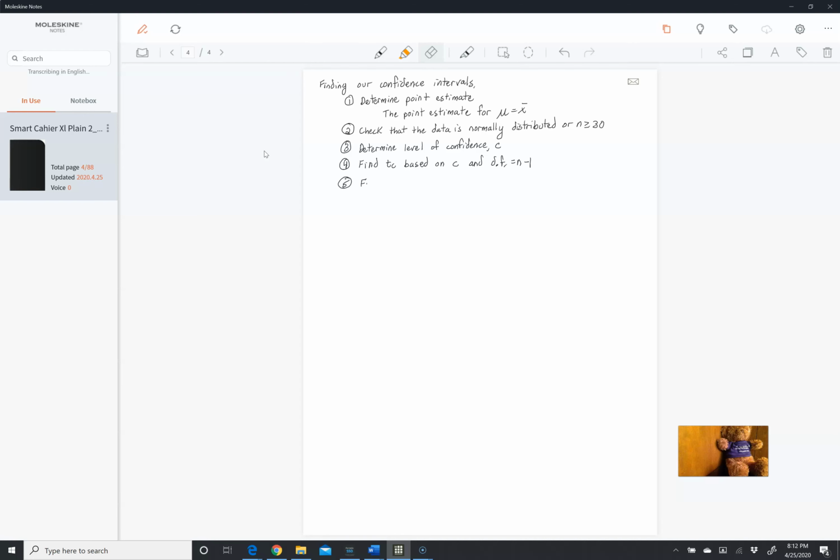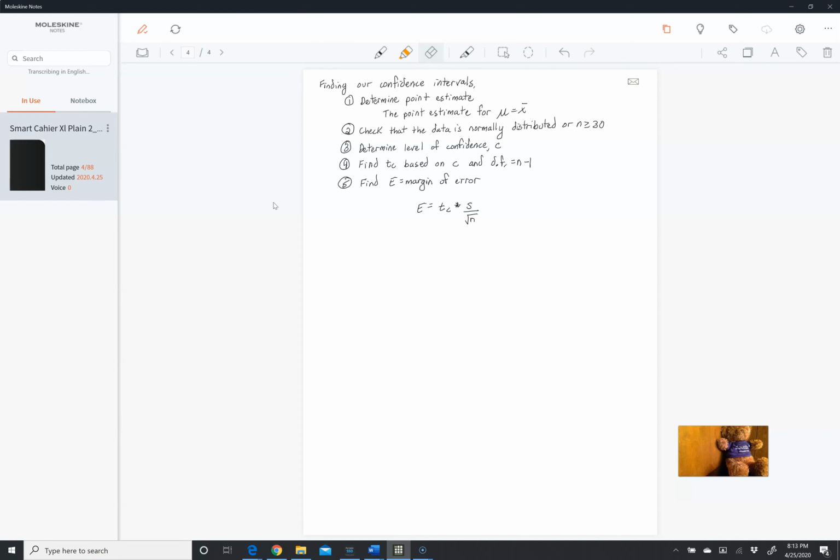Then you're going to find your margin of error. So your margin of error you calculate in the same way. The only difference is that instead of sigma, you're using S. Okay? Sorry, that should not be an equal sign. So it's t times S over square root of n instead of sigma over square root of n.